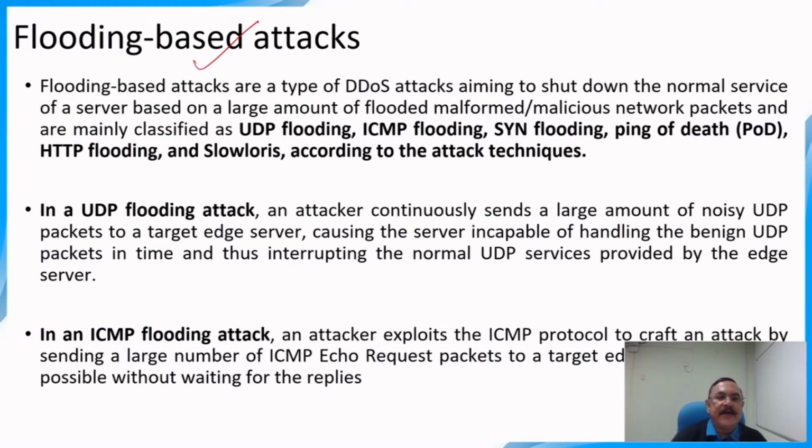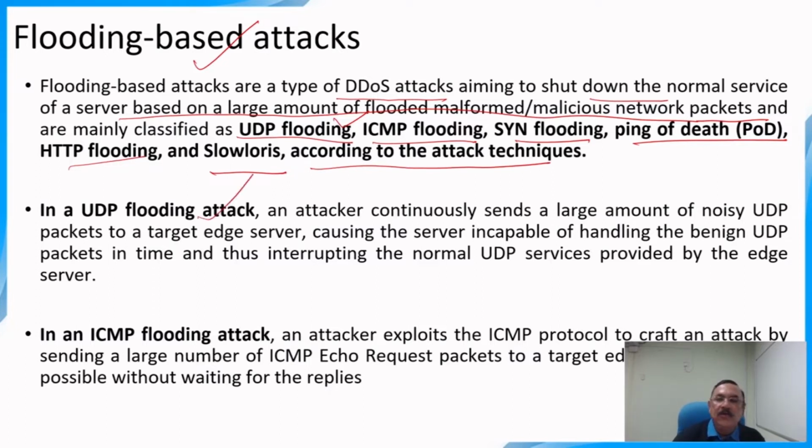Flooding based attacks are quite prevalent and are a type of DDoS attack aiming to shut down the normal service of the server with a large amount of flooded, malformed and malicious network packets. They are mainly classified into UDP flooding, ICMP flooding, SYN flooding, ping of death, HTTP flooding and slowloris according to the attack techniques.